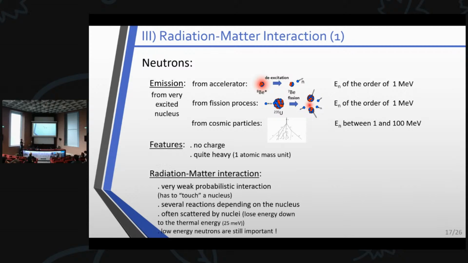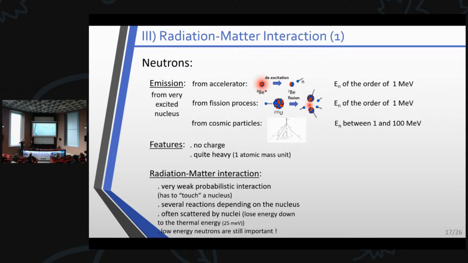This neutron doesn't have charge, but it's quite heavy, 1 atomic mass unit. So the interaction with matter will be very weak and probabilistic because the neutron does not interact with the electrons. It has to touch the nucleus directly. So it's a rare event.